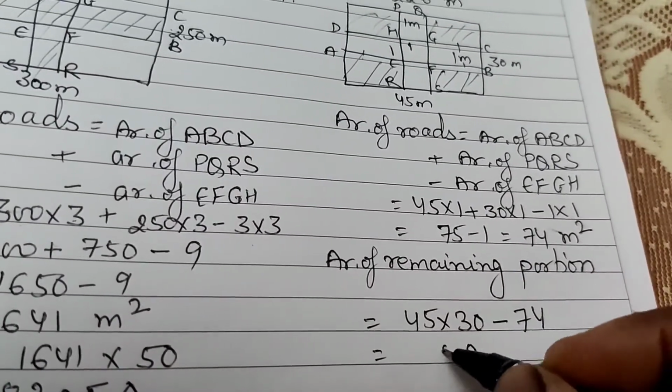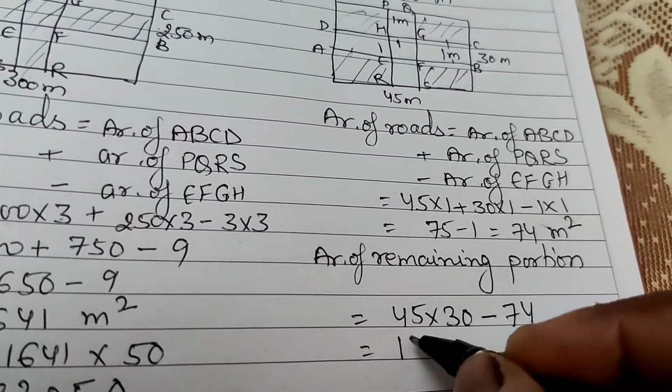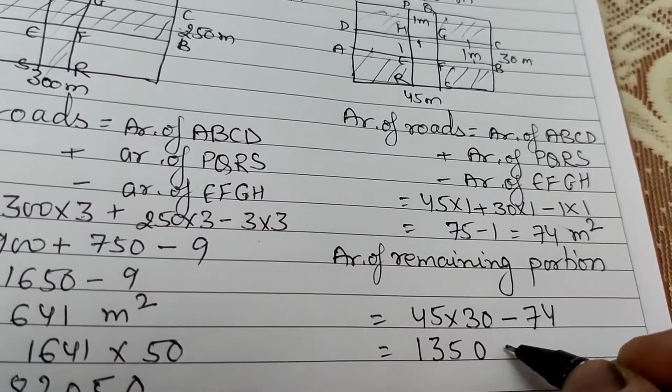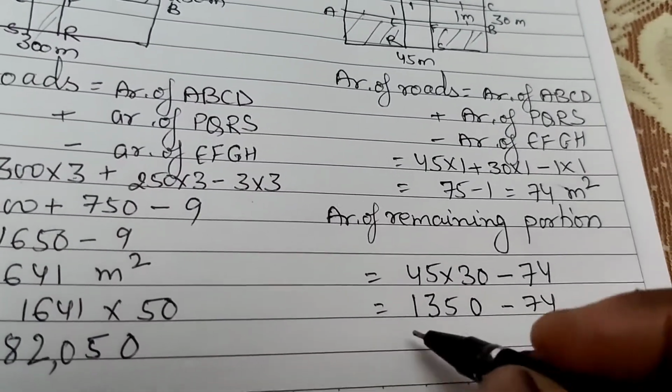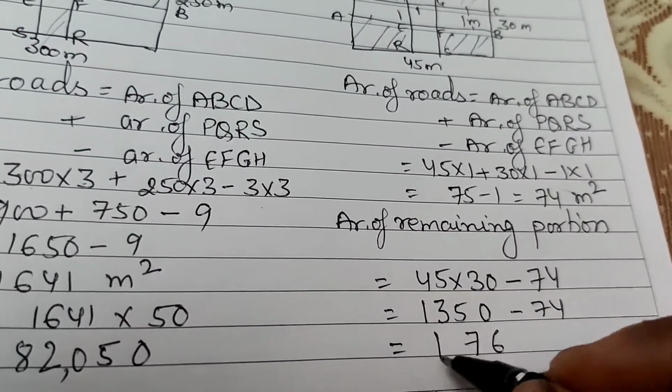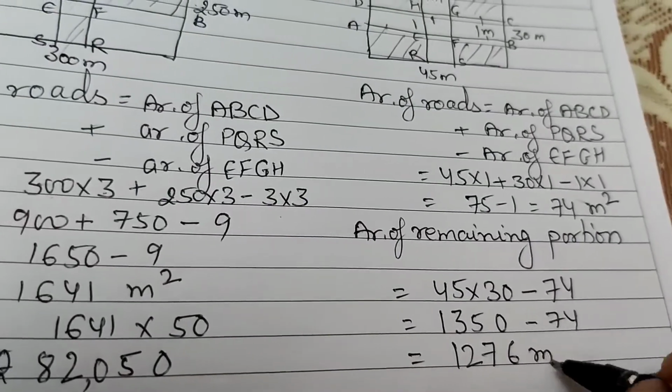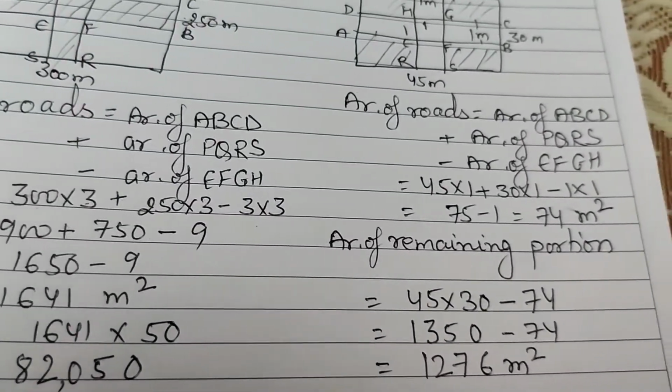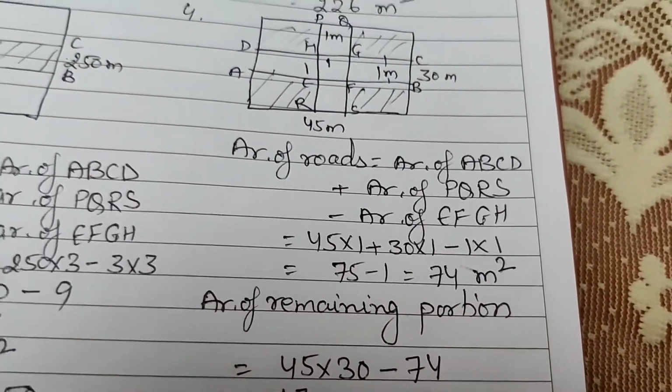Okay. 1350 minus 74. Subtract: 1276 meter square. This is the area of remaining portion. Okay.